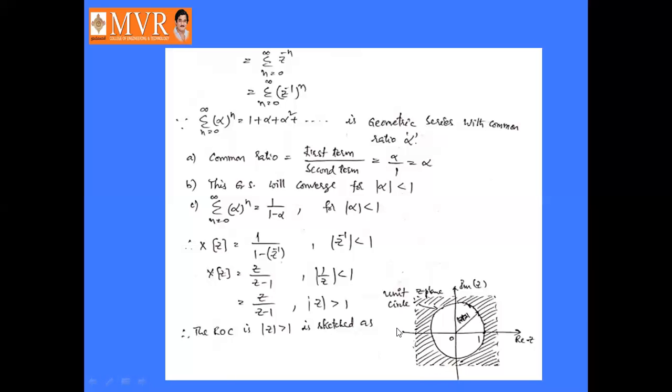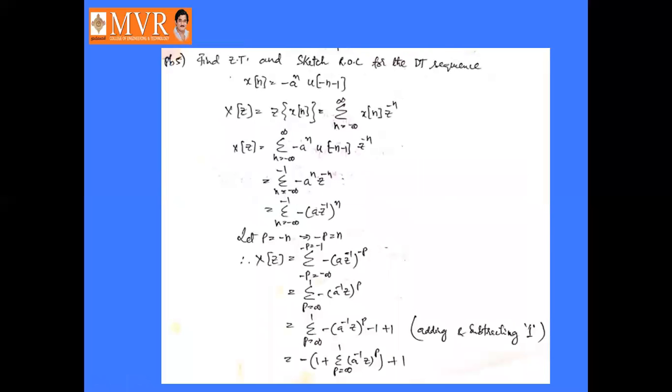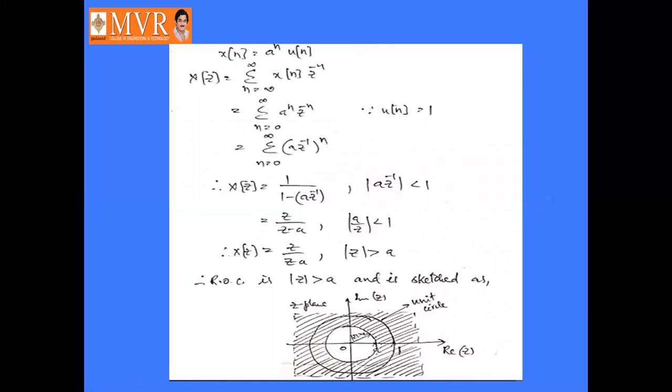Okay, so that is for the unit step function. The next problem is to find the Z transform and sketch the ROC for x of n equal to a power n into u of n. What is the transform?